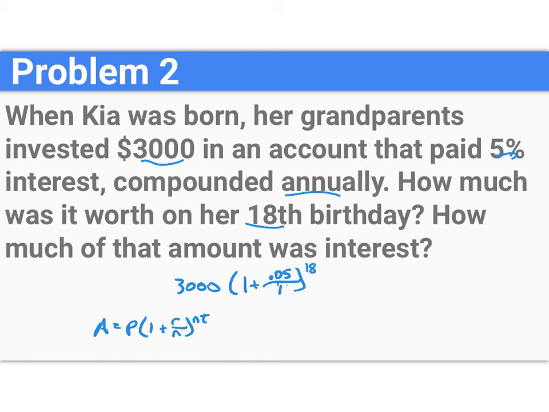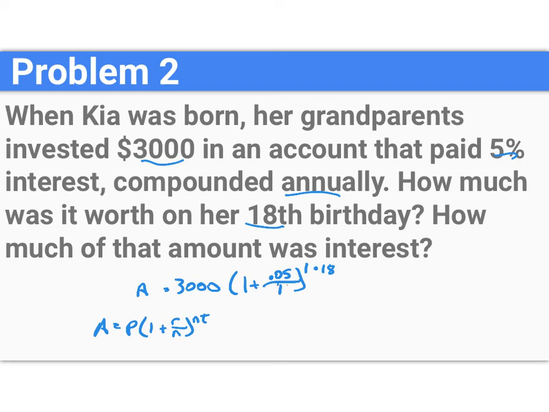That's the number of compounds, so that's 1. And up here is 1 for the compound, that's our N, and the T is 18 years. Okay, so that looks a little bit different.